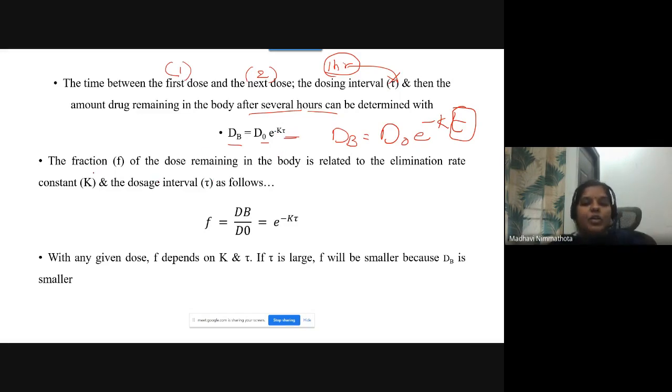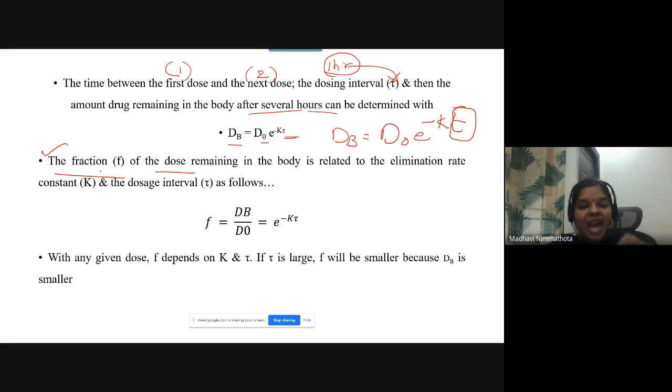Then you have to calculate the fraction of the dose. First we took time only, then we consider time intervals because we are administering our drug in a repetitive, multiple manner. That's why we are considering dosing intervals.